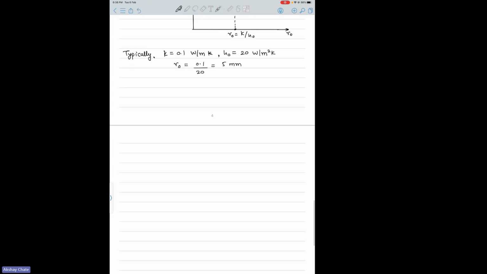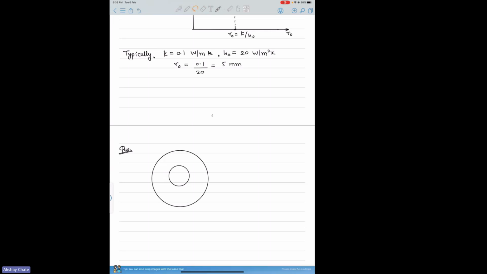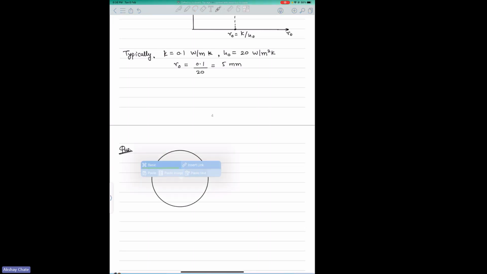So the question is, there is a cylindrical pipe like this, which has inner radius of R1 and outer radius of R2. So there is no heat generation.